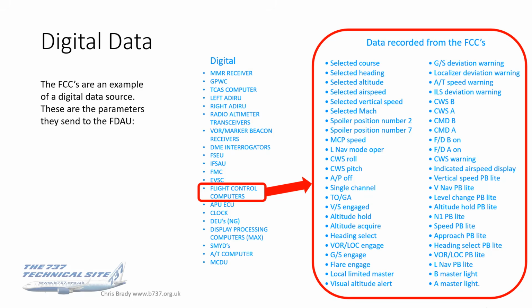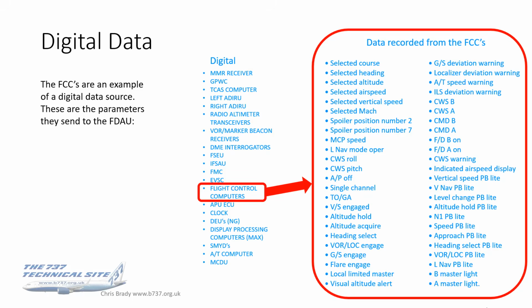So just taking one of those parameters from the digital sources, the flight control computers, and you can see that I've got two columns of data parameters which are taken from the FCCs alone.